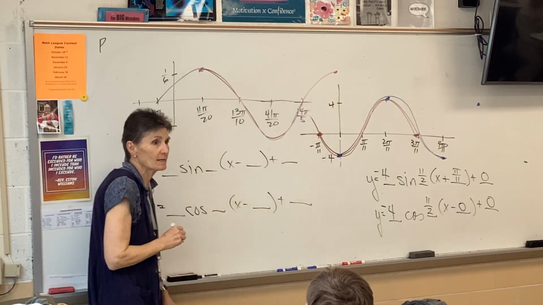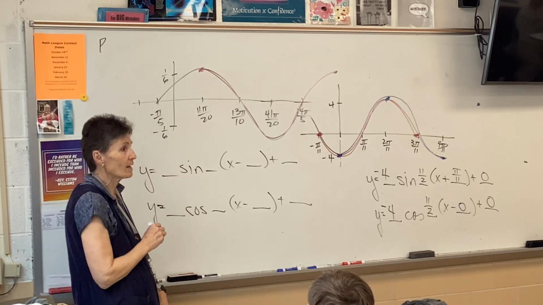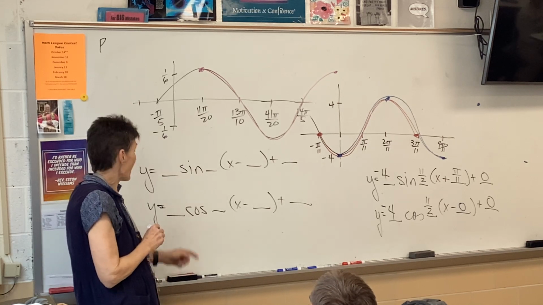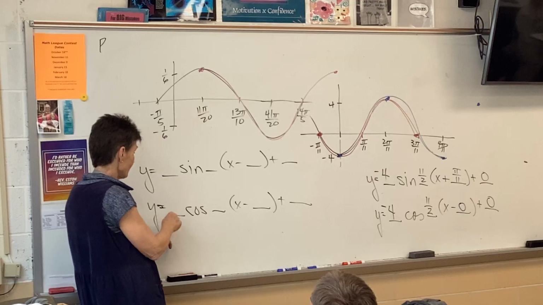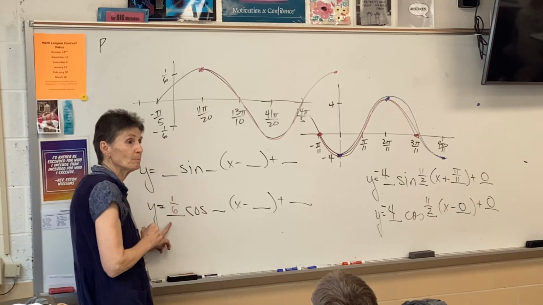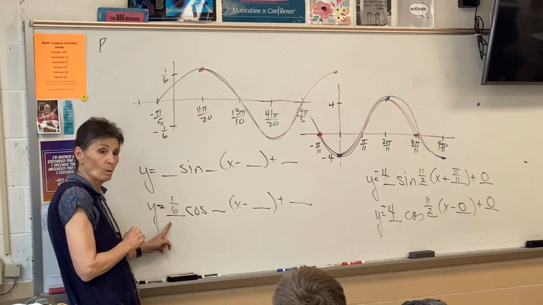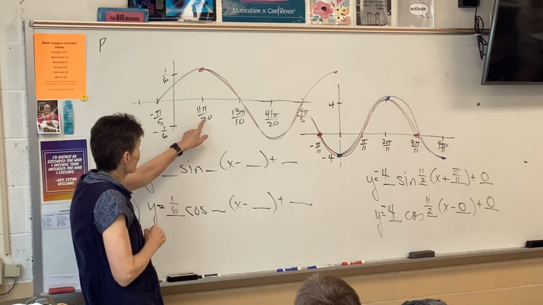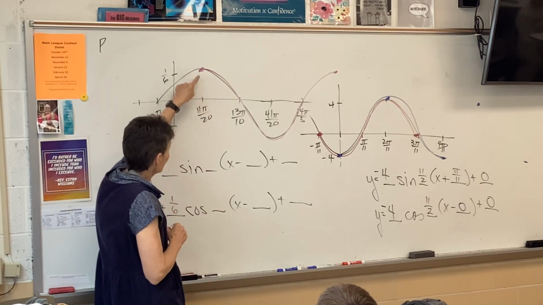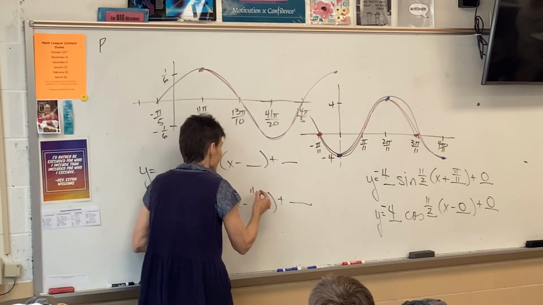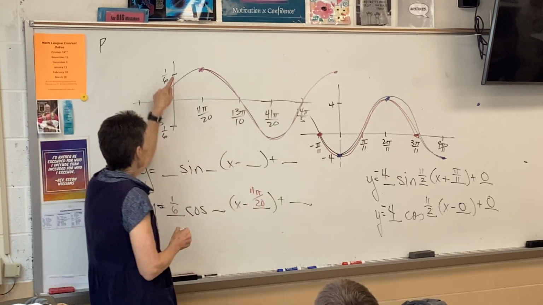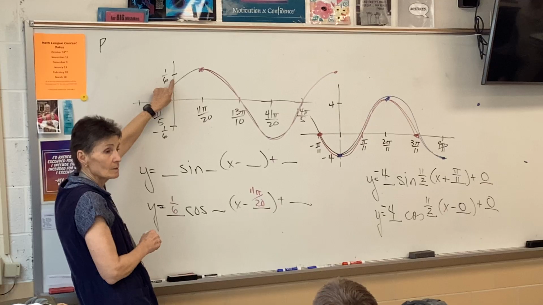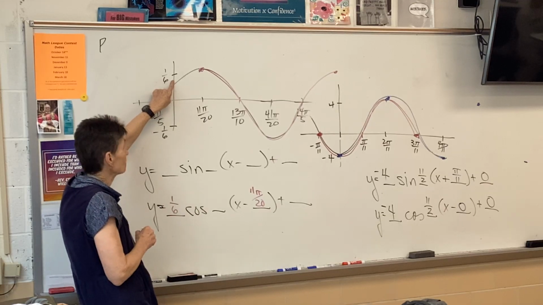Would you agree that that's, okay, I can do that? So that would be a positive cosine with an amplitude of 1/6. I'm starting at 11 pi over 20 when I should be starting right here at 0. So that's my phase shift.